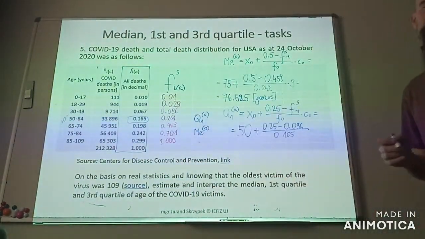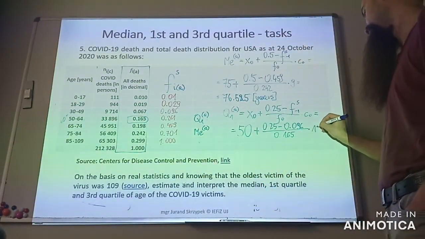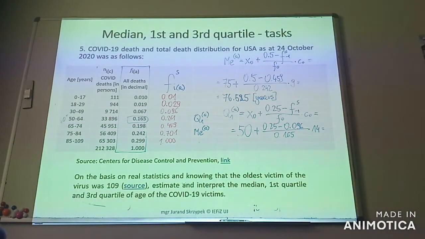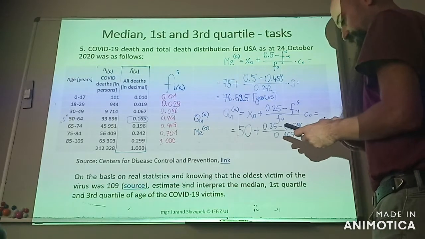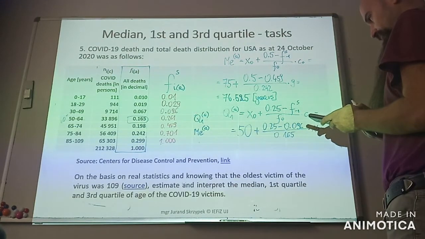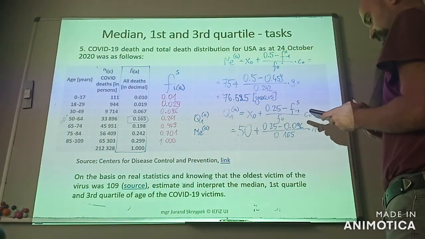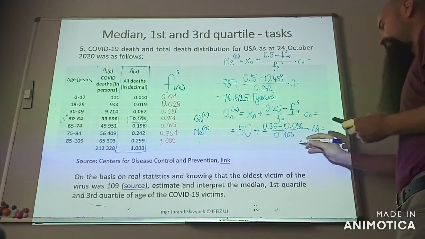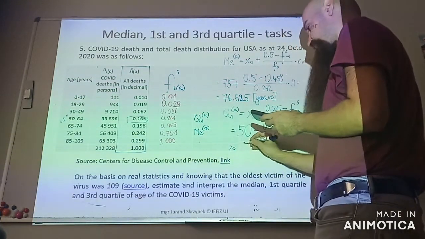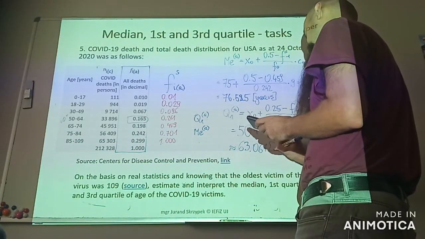The range of that class is the difference between 64 and 50, so this is 14. And we can compute our measure: 0.25 minus 0.096 divided by 0.165 multiplied by 14 plus 50. And finally we have the final result, 63.067 years.